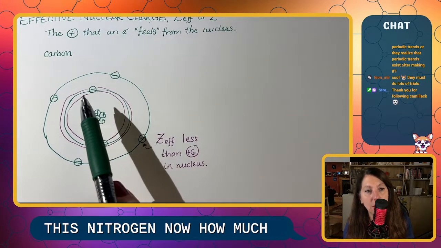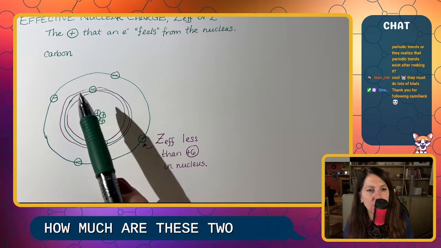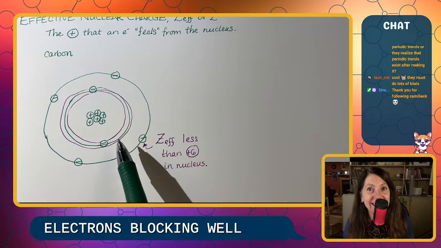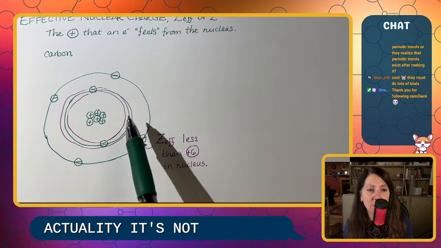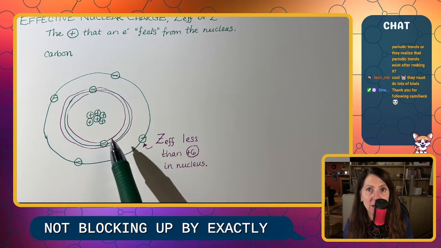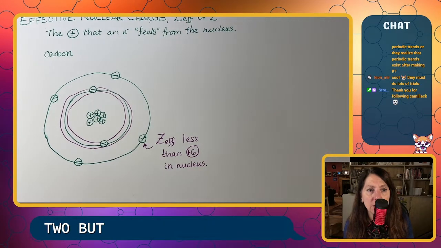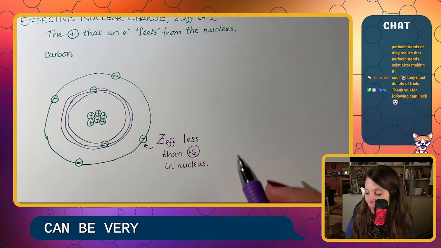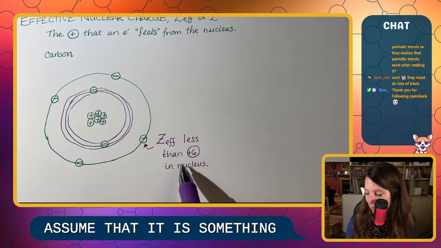How much are these two electrons blocking? In actuality, they're not blocking it by exactly 2, but it can be very helpful if we assume that it is something like that.